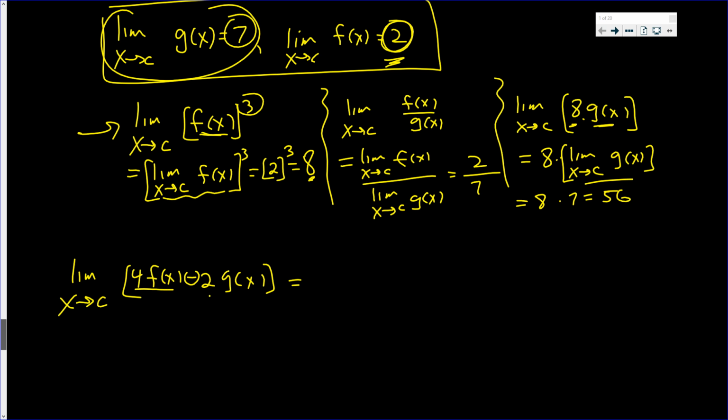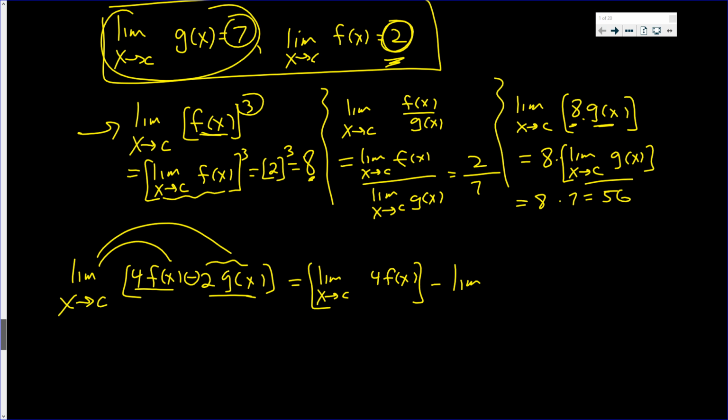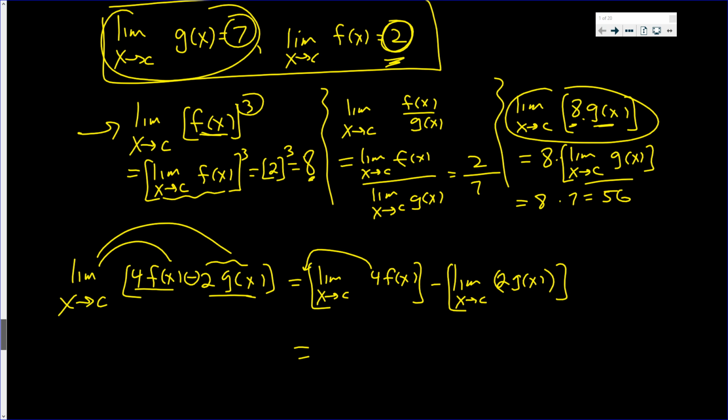The last one. This minus that. So it's the limit of the first term minus the limit of the second term as x goes to c, and the second term is 2 times g(x). Now, just like we did with this one up here, this 4 can come in front. So it's 4 times the limit as x goes to c of f(x). And the reason you want to do that is because they told us what this limit is.